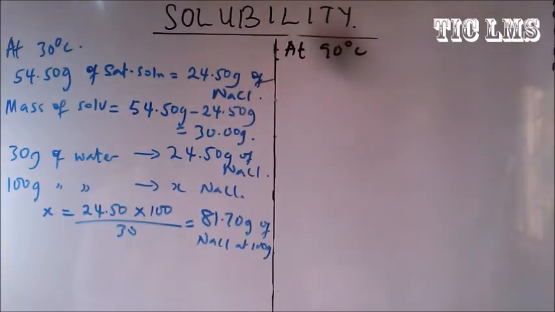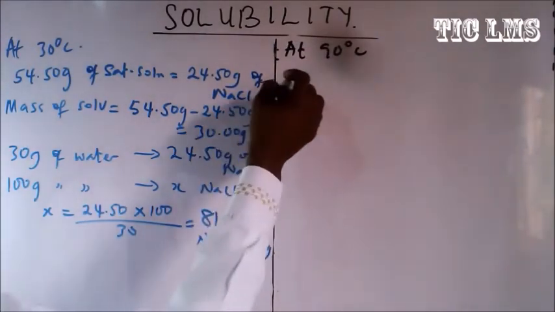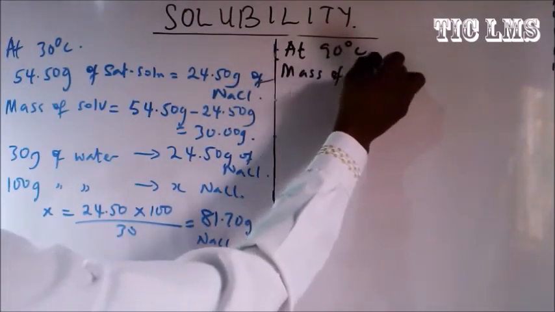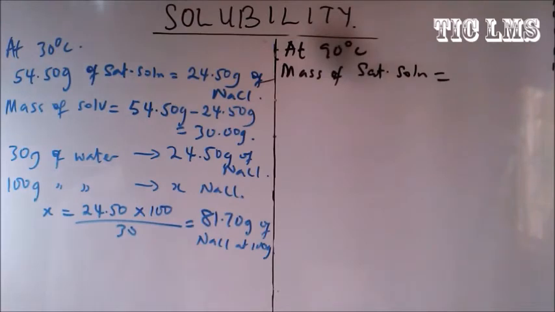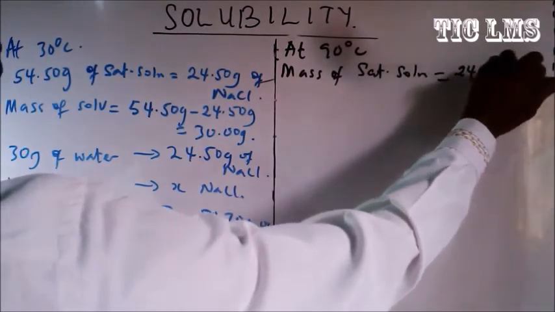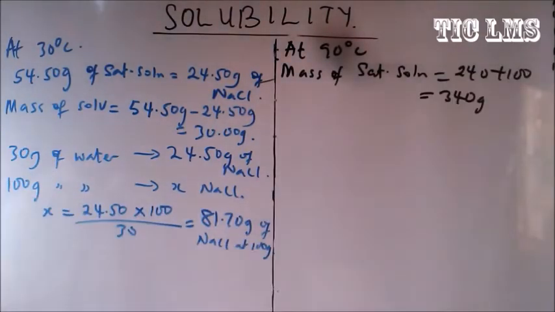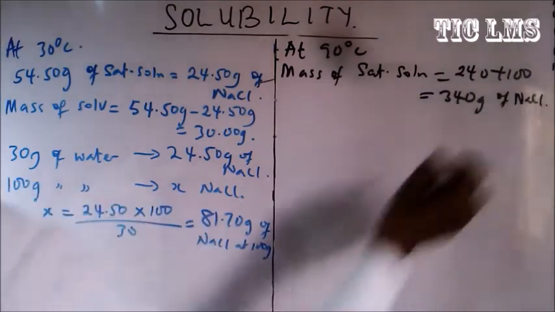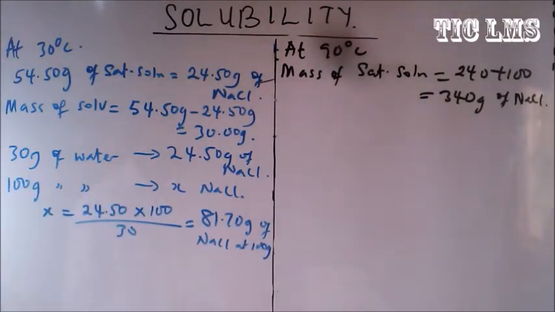So at 90 degrees Celsius, the mass of the saturated solution is equal to the mass of the salt plus the mass of the solvent, which is 240 plus 100 gram, and that gives 340 gram of NaCl solution. Now, what mass of the sodium chloride will be deposited when 120 gram of this saturated solution at 90 degrees Celsius is cooled?